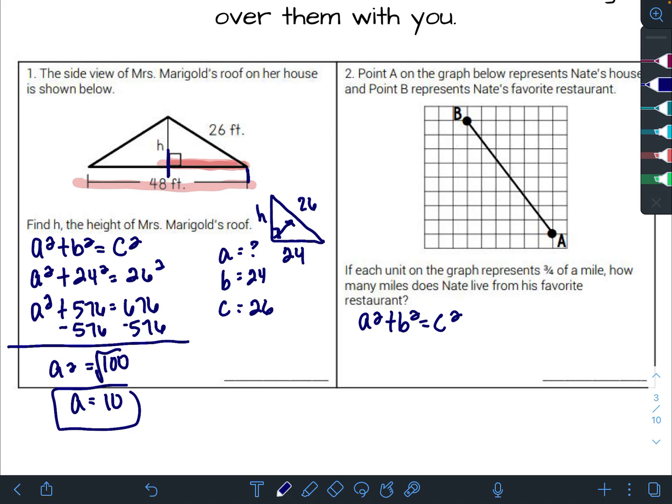Then on number 2 here, I've got to make my right triangle to be able to find what those measurements are. So if I go and count, this has a height of 8 and this has a length of 6. Again, if I draw my arrow and point to C, that is the side that I'm missing.